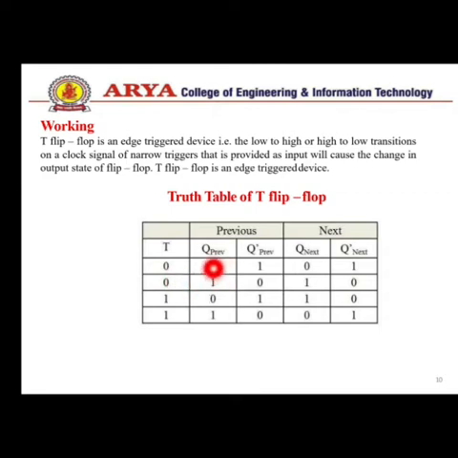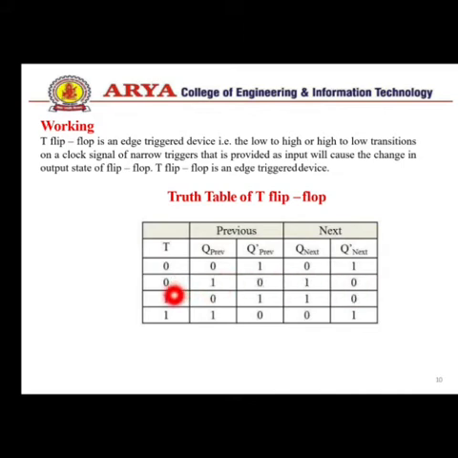So if the previous state is 0 1, the next state is always 0 1, and when the previous state is 1 0, the next state is always equal to the previous state, that is 1 0.